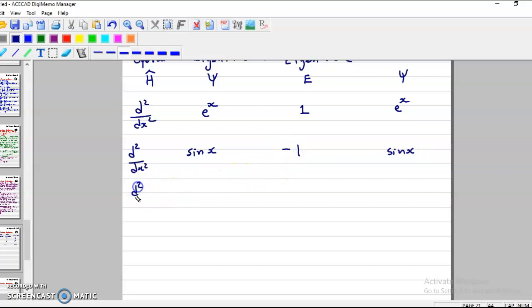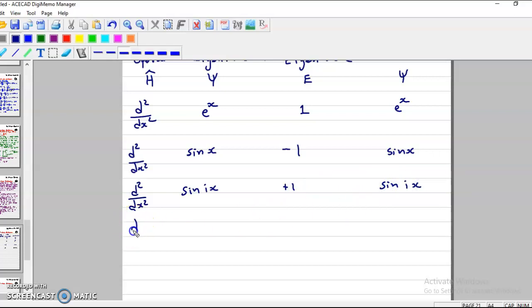Similarly, d square upon dx square, if we take sin ix, i is under root -1, then it will be +1, and again the function will be sin ix.